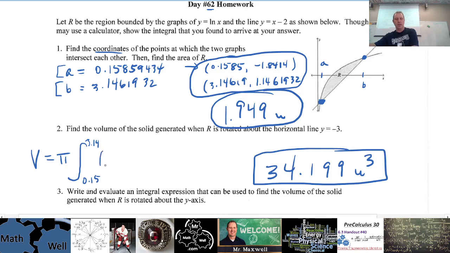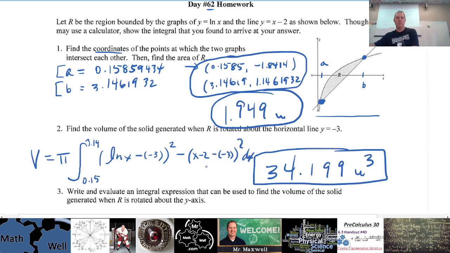The upper function, because y equals -3 is down here, the outer function is going to be ln of x, minus -3, your axis of rotation, squared. Subtract from that the lower one minus the axis as well, so that's going to be x minus 2 minus -3, squared, dx.